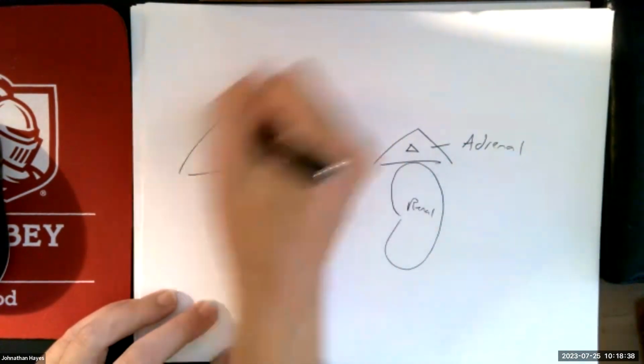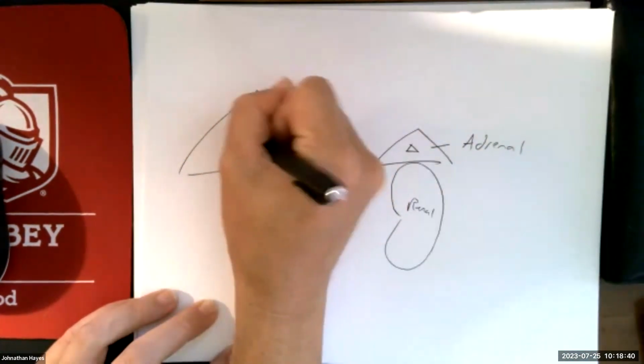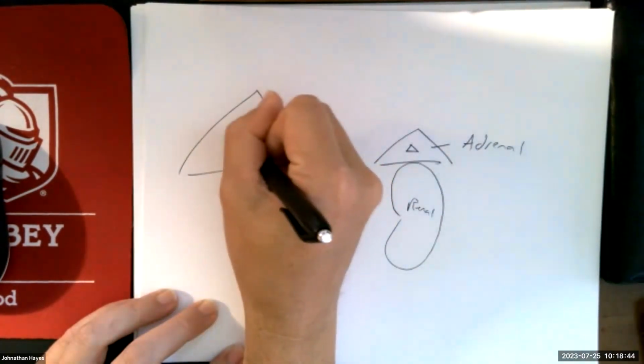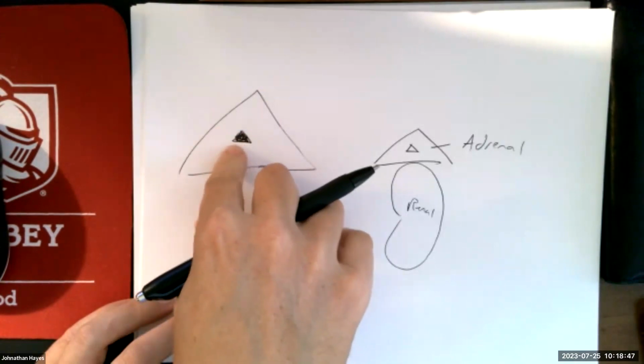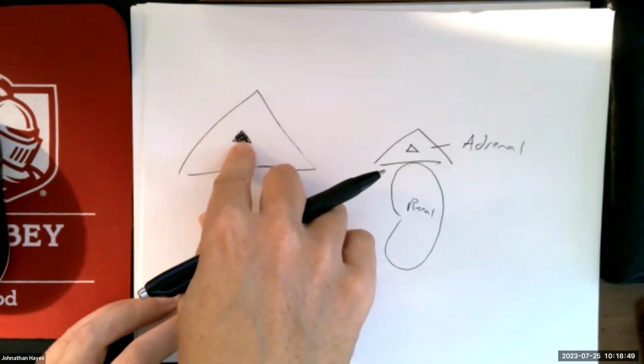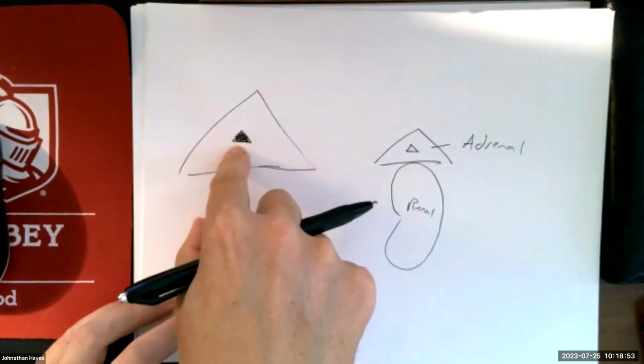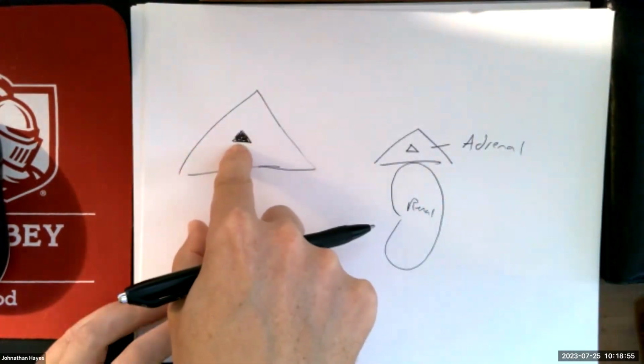The outer portion of the adrenal gland is where aldosterone is going to come from. So when we look at, again, the adrenal gland, the middle part is called the medulla, because that means middle. And that's where certain catecholamines are produced, like epinephrine and norepinephrine. So if I want to put the body in a body-wide state of fight or flight, then that's the part of the adrenal gland that gets stimulated.